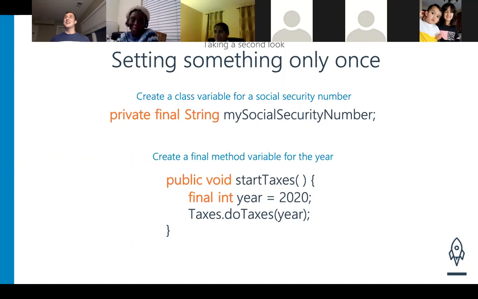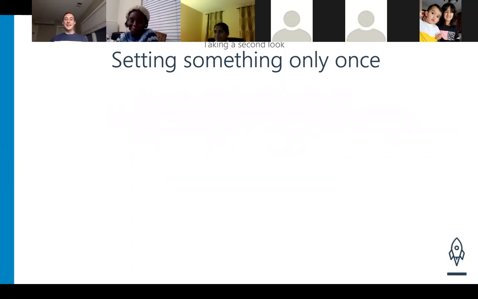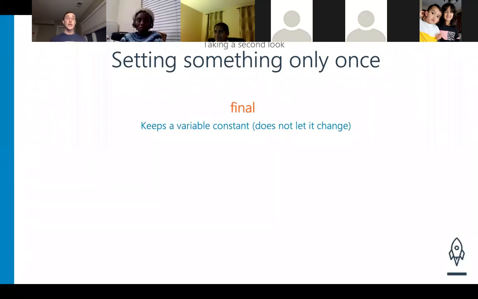All right. So overall, what we're talking about here is final. Remember that it keeps a variable constant. It does not change. That's what final does. The keywords like const and constant that you would see in other programming languages, such as JavaScript, they don't exist in Java.